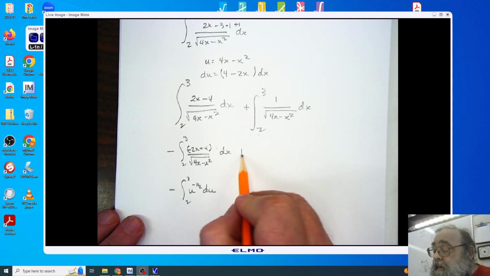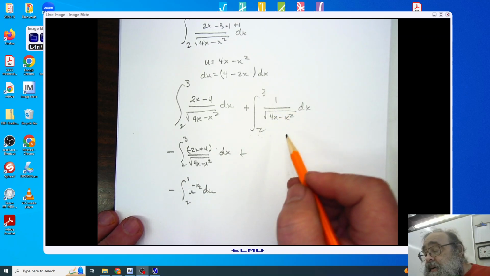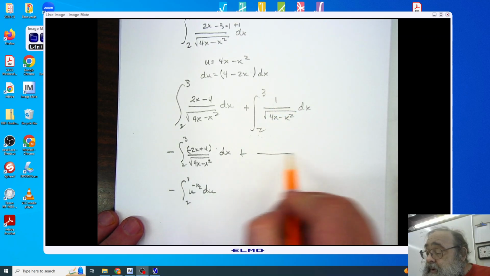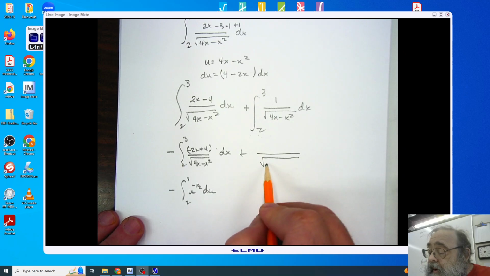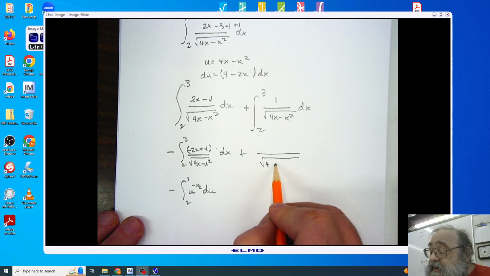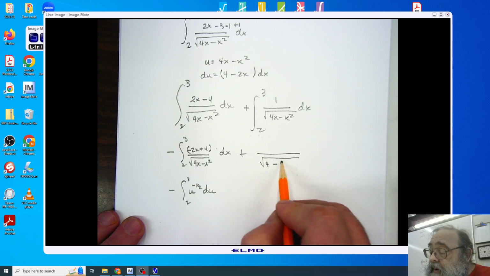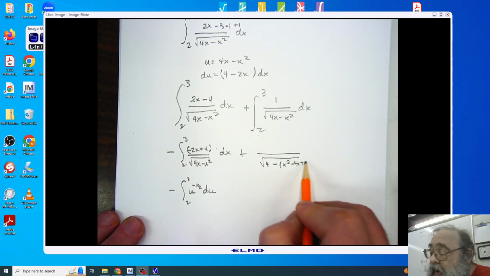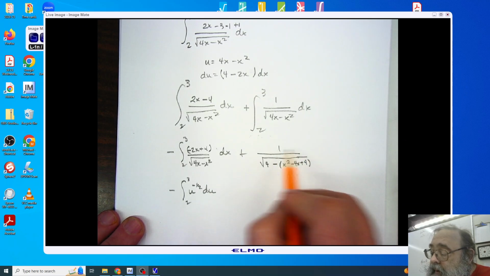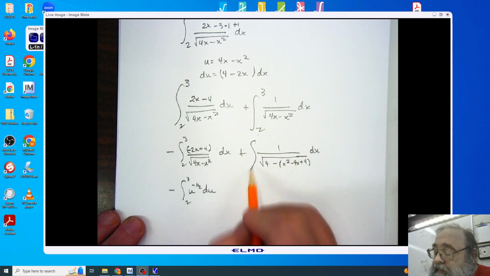Over on this one, I'm looking at my arc sine pattern. So I'm going to complete the square. I'm going to add 4, subtract 4. So you'll notice I've got an x squared minus 4x plus 4 dx.